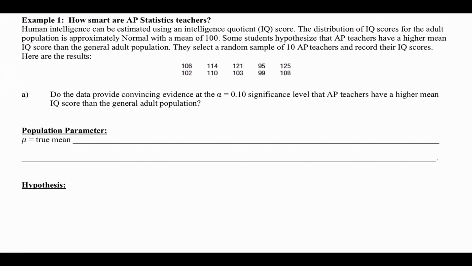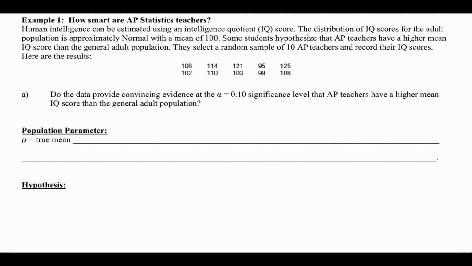How smart are AP statistics teachers? Human intelligence can be estimated using an intelligence quotient or an IQ. Okay, one of the ways to monitor a person's intelligence is their IQ score. Okay, the distribution of IQ scores for the adult population is approximately normal.